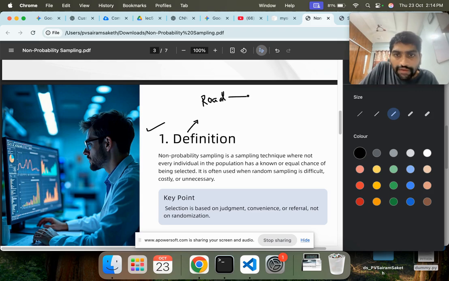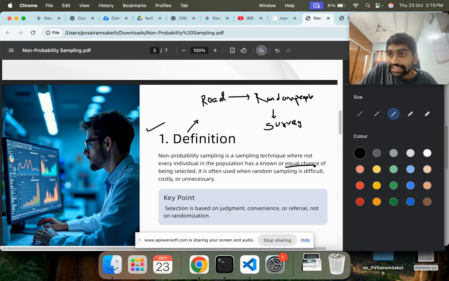So what I will do is select some random people and take a survey on which movie is good. Many people like the first day first show ticket, and reviewers go to the theater and ask for reviews, where they select random people and ask.